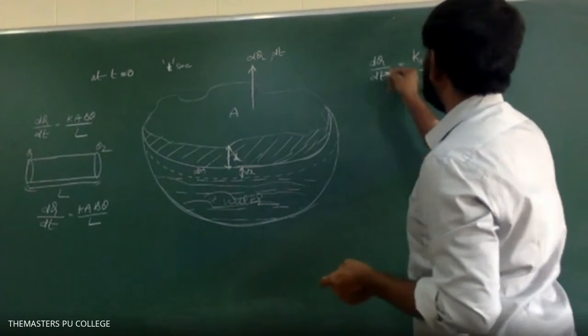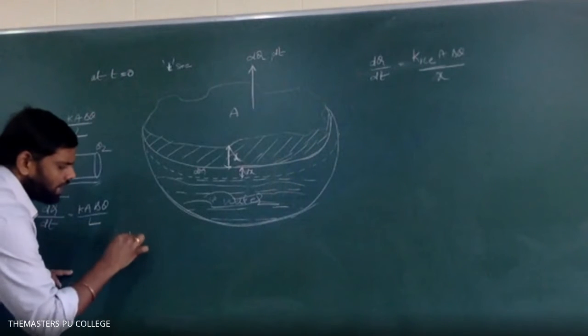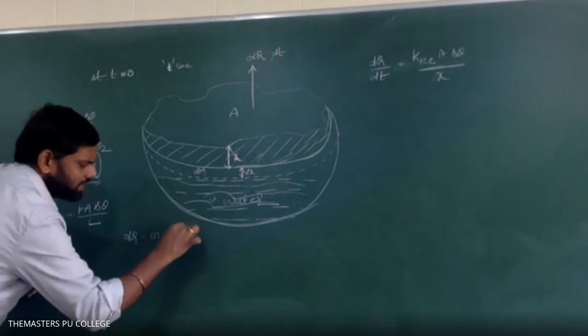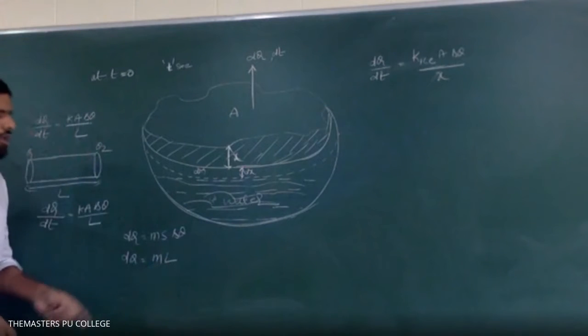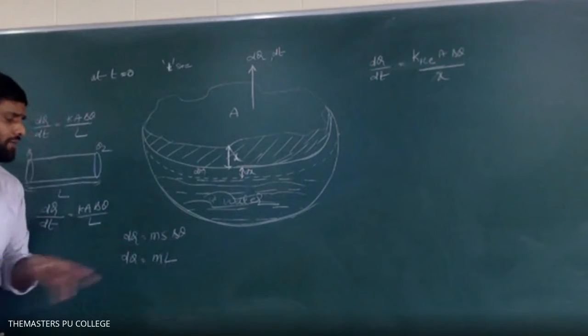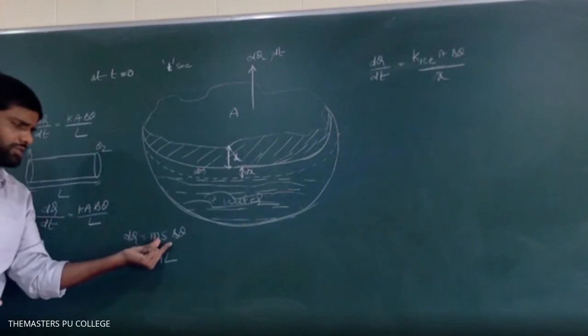So then this is about dq. What does dq mean? We have two formulas: dq equals m s delta theta, and dq equals m into L. When to use which formula? Already we noted that whenever there is a change in temperature, we use the first formula.